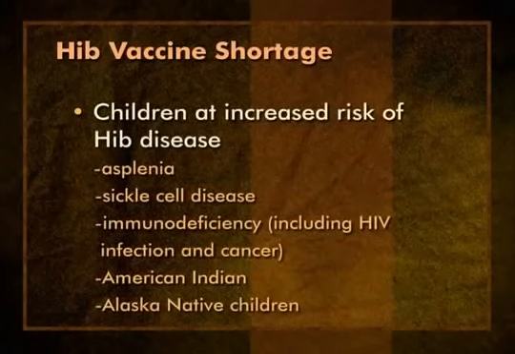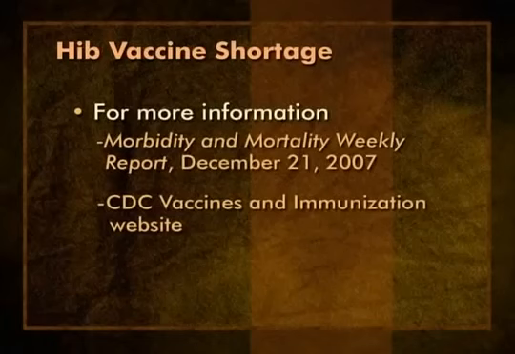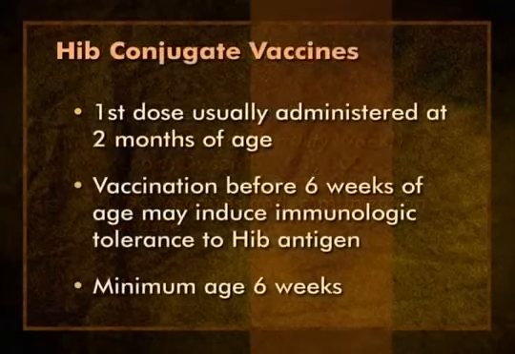This group includes children with asplenia, sickle cell disease, immunodeficiency, including HIV infection and cancer, and American Indian and Alaska Native children. Details of this recommendation are available in the December 21, 2007 edition of Morbidity and Mortality Weekly Report. Updates on the Hib vaccine supply are also available on the CDC Vaccines and Immunizations website.